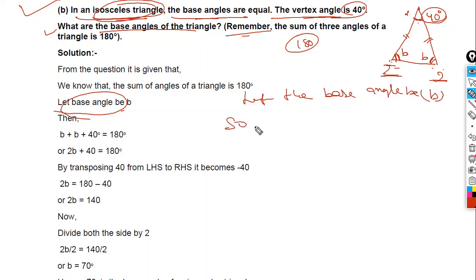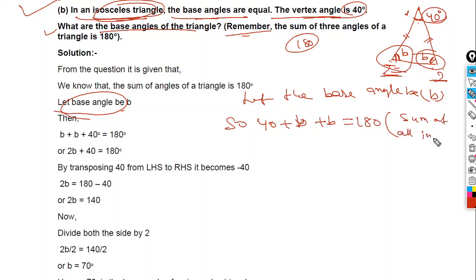So you can write 40 plus B plus B equal to 180 degrees, because the sum of the interior angles of a triangle is 180 degrees. Or 40 plus 2B is equal to 180.